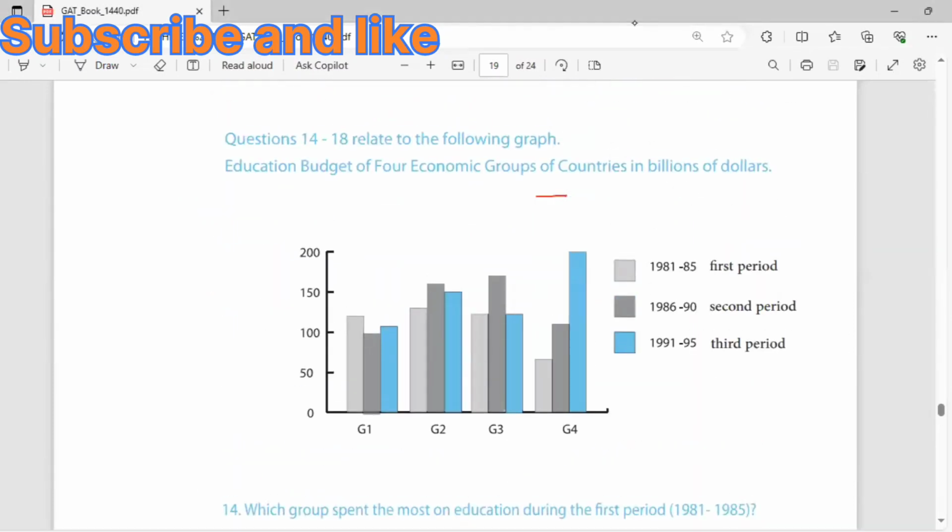You can see that group 1 had less spending. So which group needs to spend more? It's group 1. You can see that group 2, group 3, and group 4 had more spending on education.